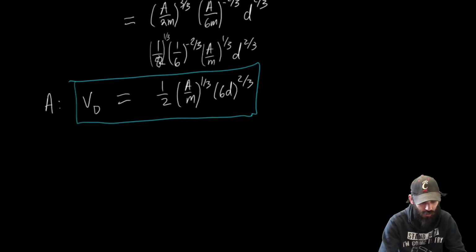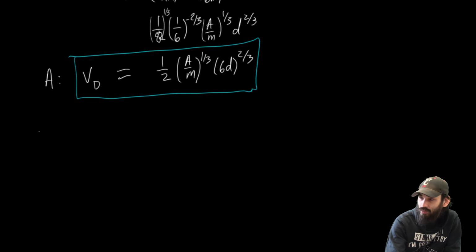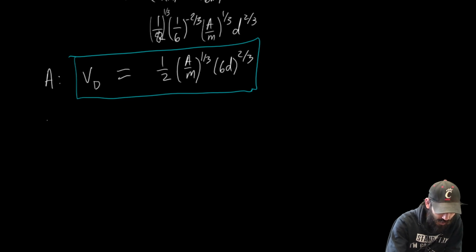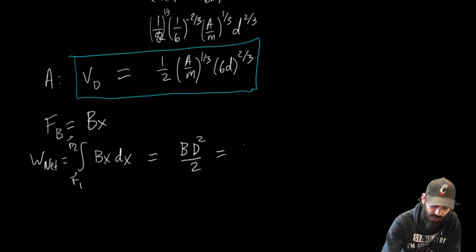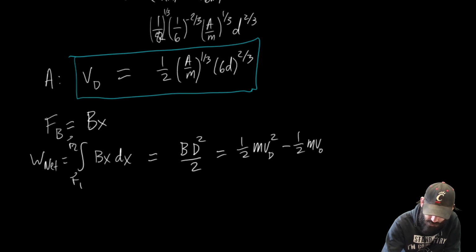Okay, so doing this for B is actually a little bit easier, because what ends up happening is we just have F sub B equal to Bx, and now we're applying the work-energy theorem. So the net work is going to be equal to the integral from R1 to R2 of Bx dx, and we're going from 0 to d, so this is going to be B d squared divided by 2, which is equal to the change in kinetic energy, 1/2 m v_d squared minus 1/2 m v0 squared.